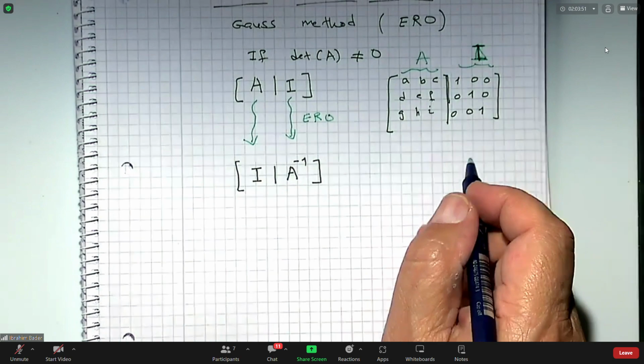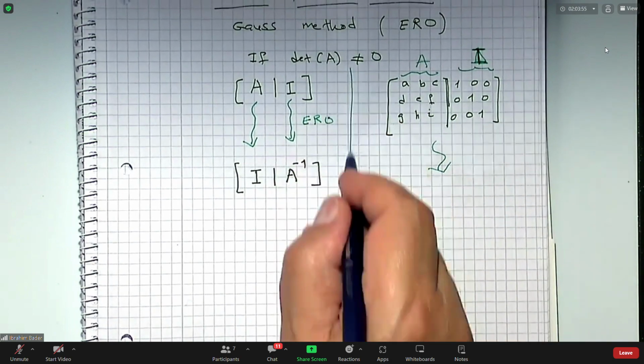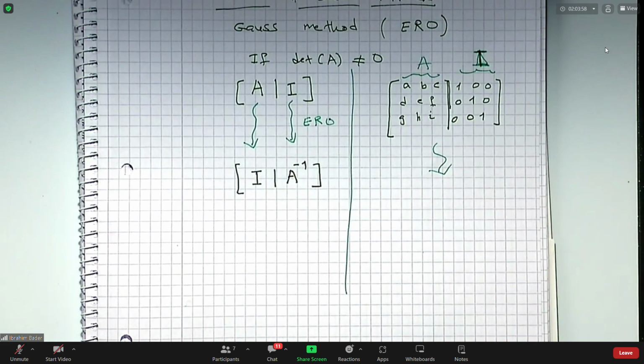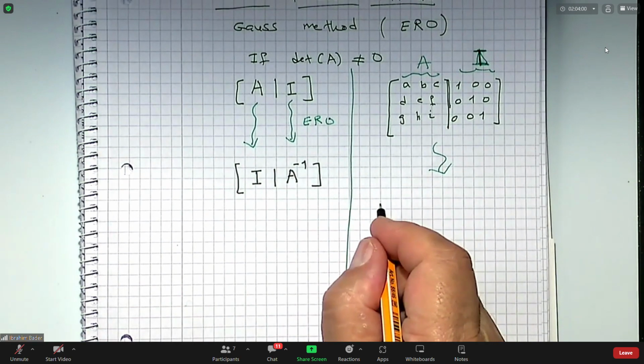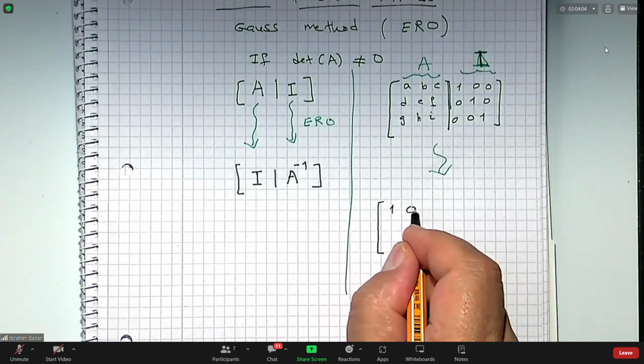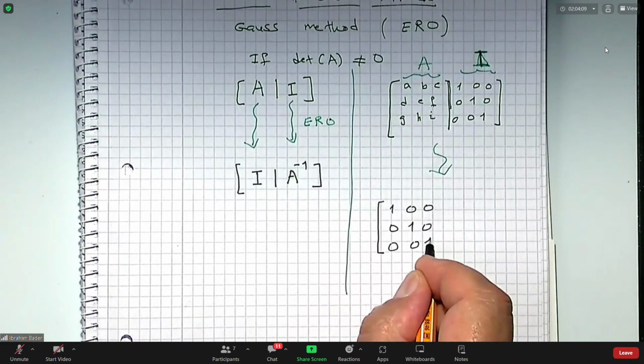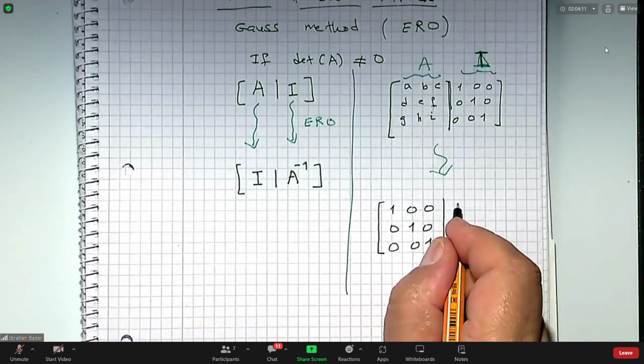Now what I need to do is transfer this into this form, where to the left I will be having 1 0 0, 0 1 0, 0 0 1, and to the right I will be having anything.